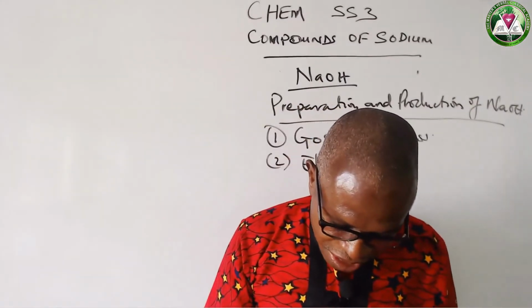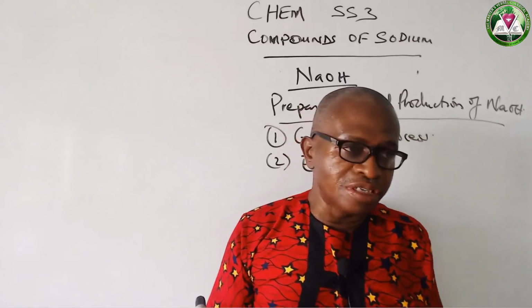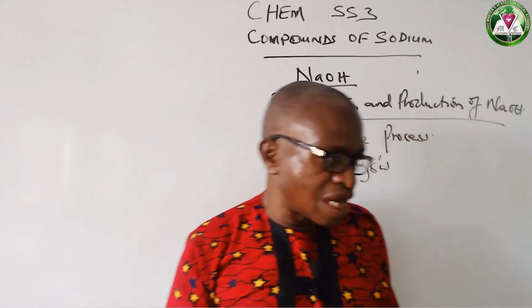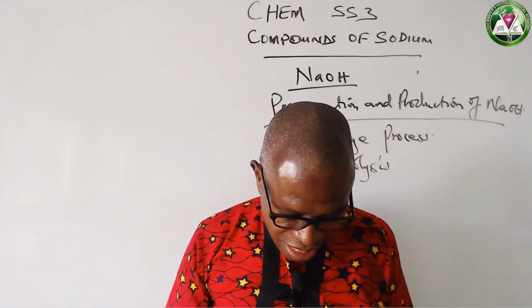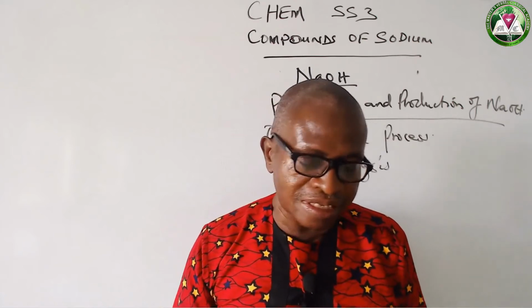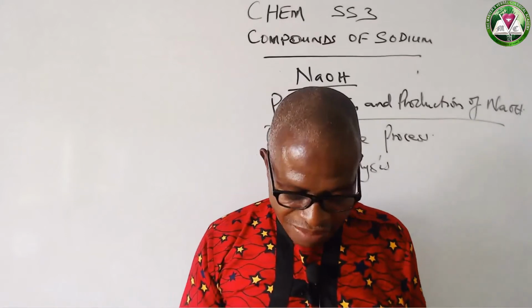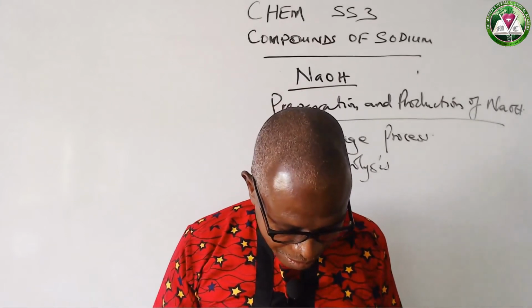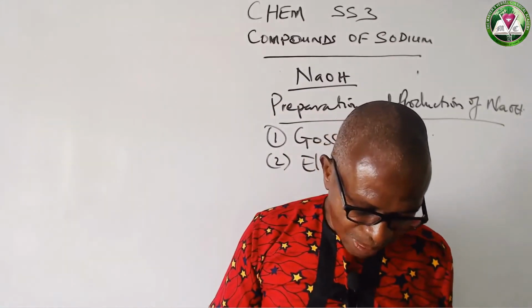And the second one is electrolysis. Under electrolysis, there are two types of cell. The first one is the Kellner-Solvay cell, and the second one is the diaphragm cell. But let us look at the Gossage process first.